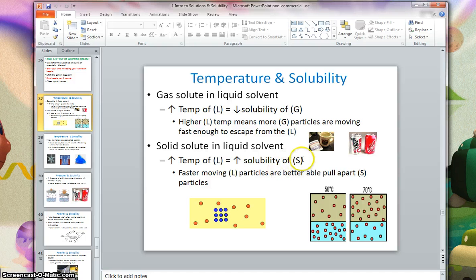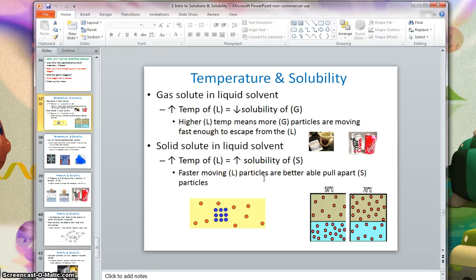And for a solid solute in a liquid solvent, if we increase the temperature of the liquid, we increase the solubility of the solid. This is because if we increase the kinetic energy, first of all, we know that solubility has to do with the random motion of solvent particles pulling apart solute particles.